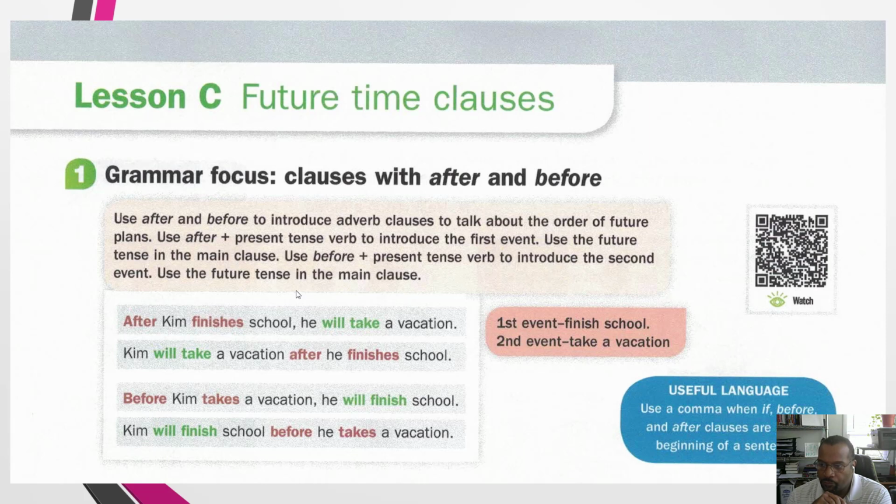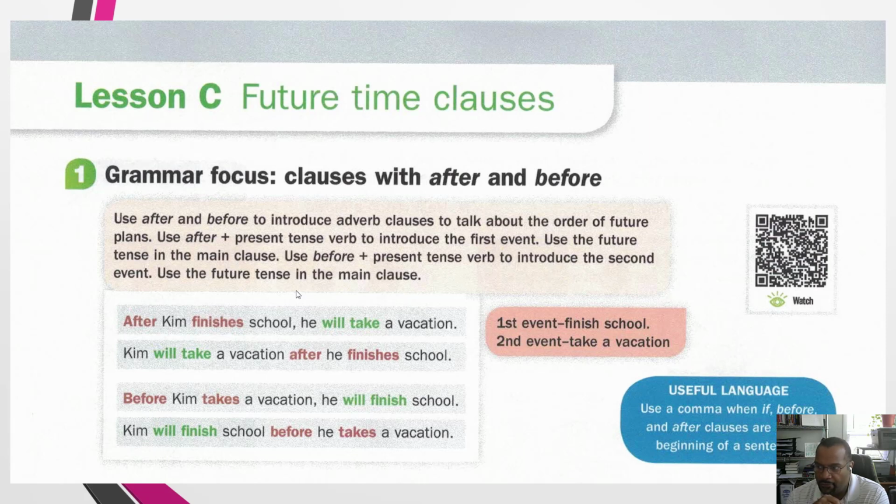All right, two different ways of talking about the same thing, before and after. Let's use after. After Kim finishes school, comma, he will take a vacation. We can rewrite that: Kim will take a vacation after he finishes school.